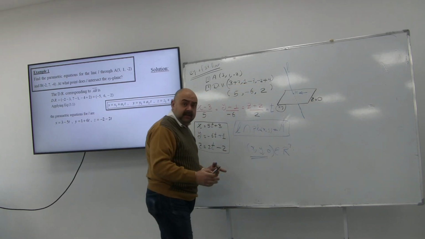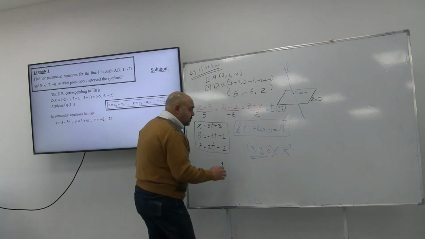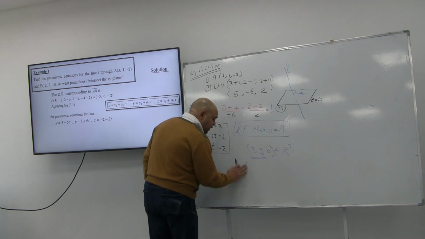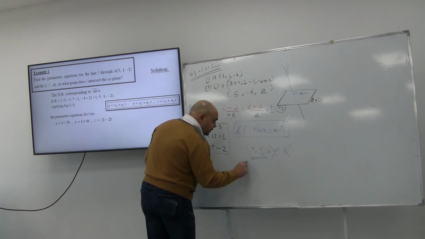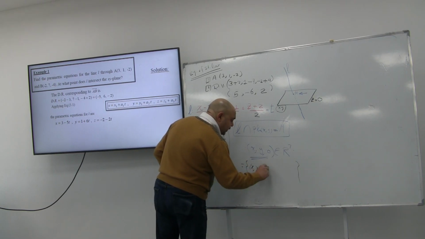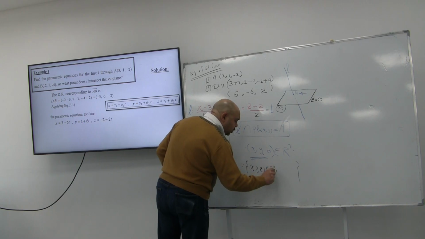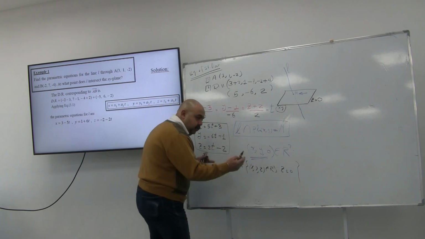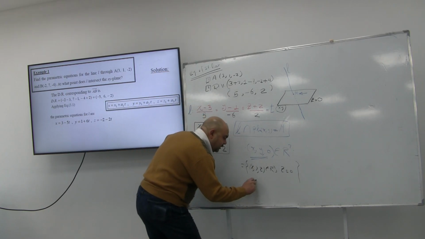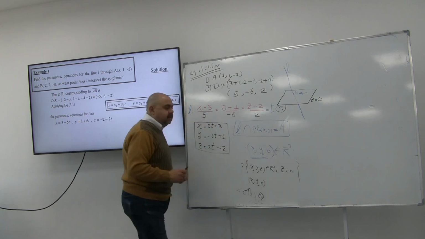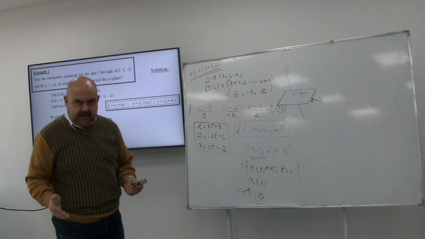So if I want to write this subvector space, it is the set of all points X, Y, and Z that belong to R3 such that Z equals 0. When you make the substitution, it's going to be X and Y and Z equal to 0, and this is the set of this subvector space, if you like to do it this way.